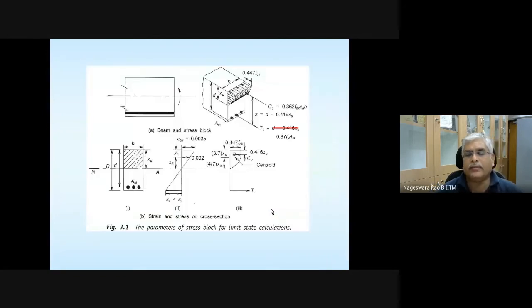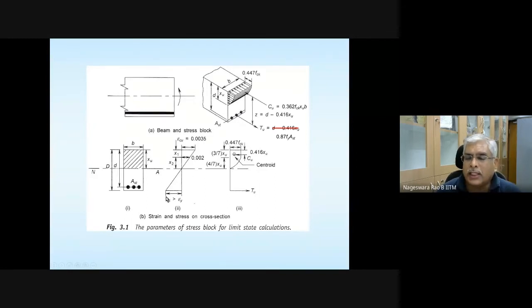Go here. Let's take this strain diagram. Let's consider the limiting case. Limiting case in the sense, whatever code assumptions are there. One of the assumptions is maximum strain in compression in concrete at the outermost fiber, at the extreme fiber, under bending or flexure, should be limited to 0.0035.